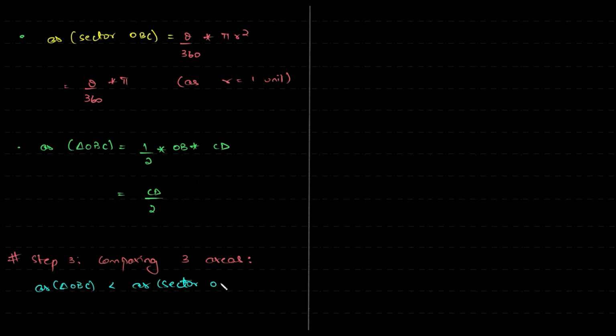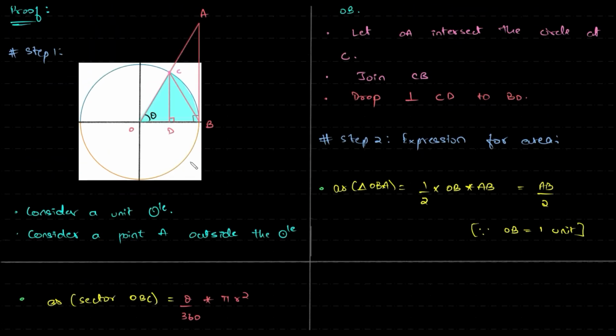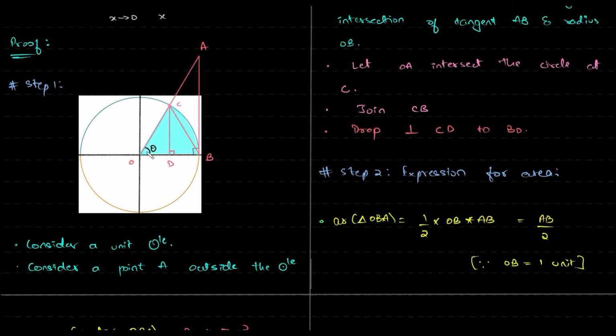Agree? And which in turn is lesser than area of triangle OAB, the outside triangle. Clearly, OAB is greater than sector OCB, which is greater than triangle OCB. It's very simple, straightforward stuff.